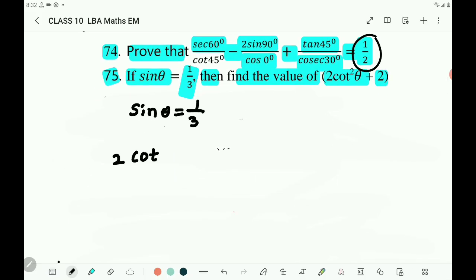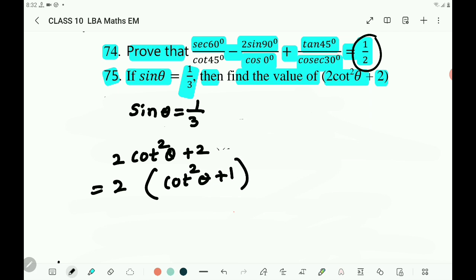2 cot square theta plus 2 equals, remove 2 as a common, 2 into cot square theta plus 1, that is 2 into cot square theta plus 1 is cosec square theta.